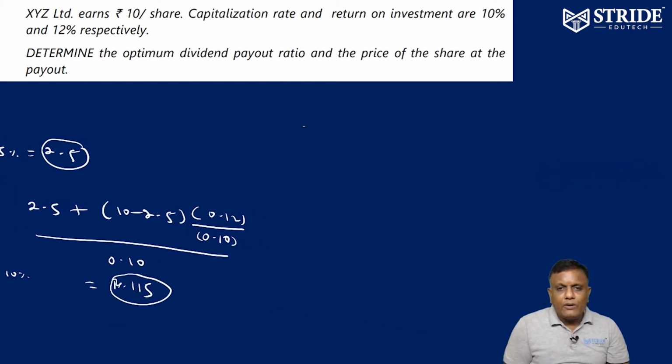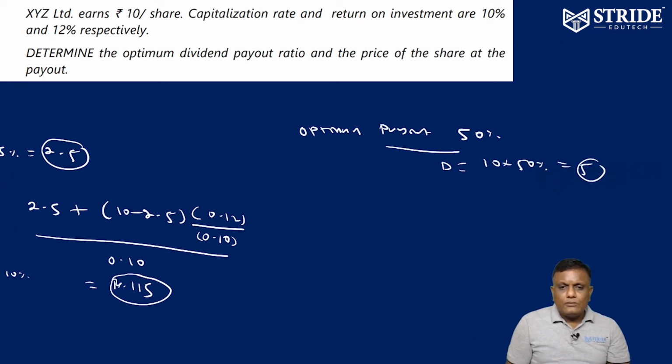Suppose the payout is 50%. Then D is equivalent to 10 into 50%, that is 5.